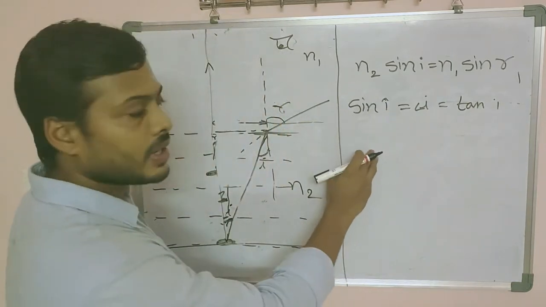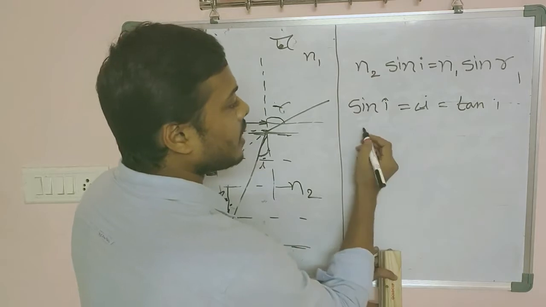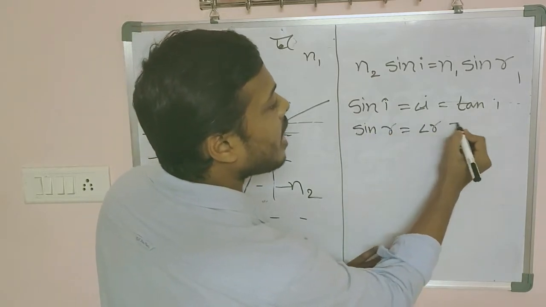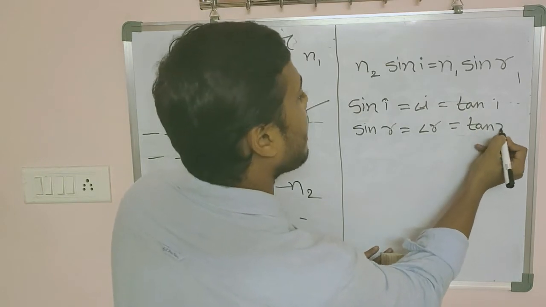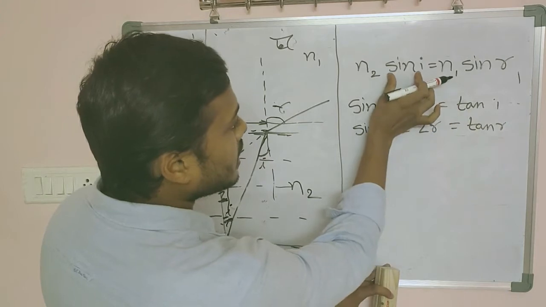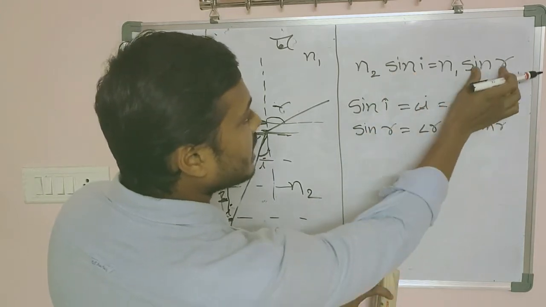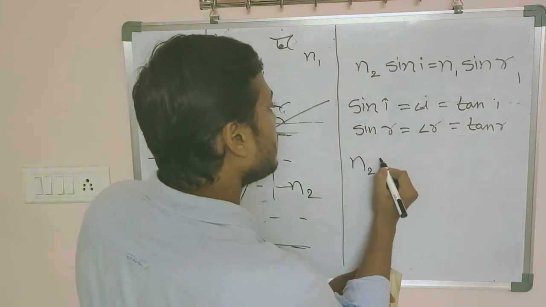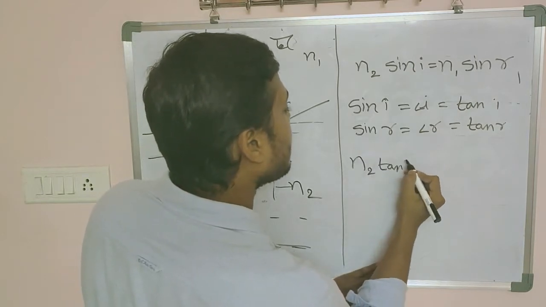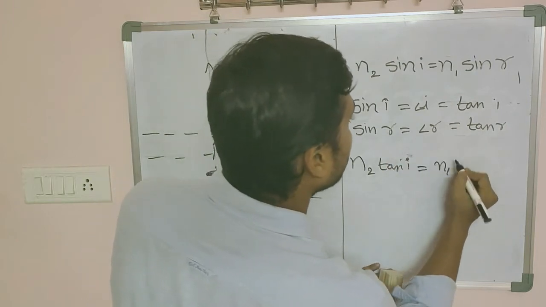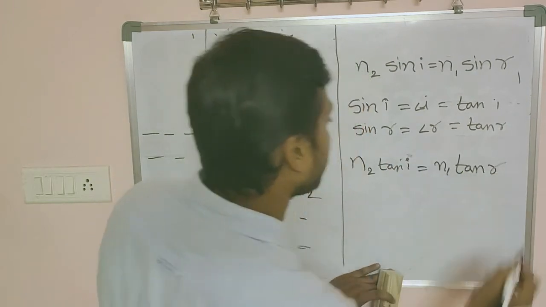When angles are very small, these are equal. So sin r is equal to angle r is equal to tan r. So we can substitute tan I here, and tan r here. So N2 tan I is equal to N1 tan r.